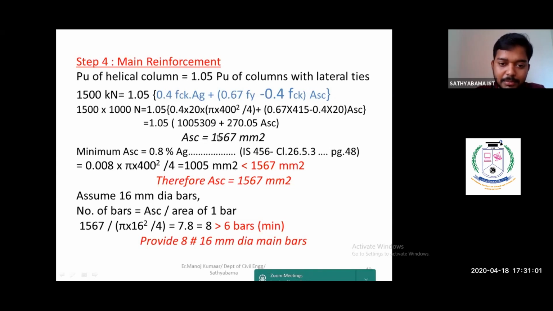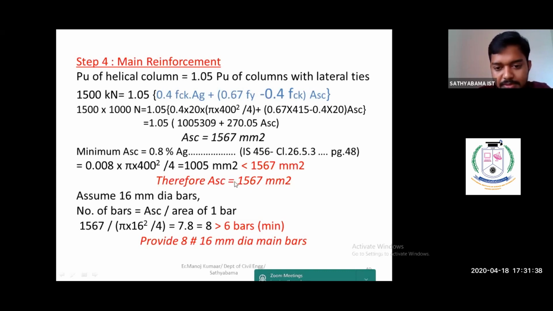So our area of steel is coming more than this 1005 mm square. Suppose sometimes we may get a value greater than this 1500. In that case, you can adopt the maximum of these two as your area of steel. Suppose you are getting minimum ASC value as 2000, but it is more than 1567. So you have to provide ASC as 2000 only. So you have to compare these two values and adopt the highest one.